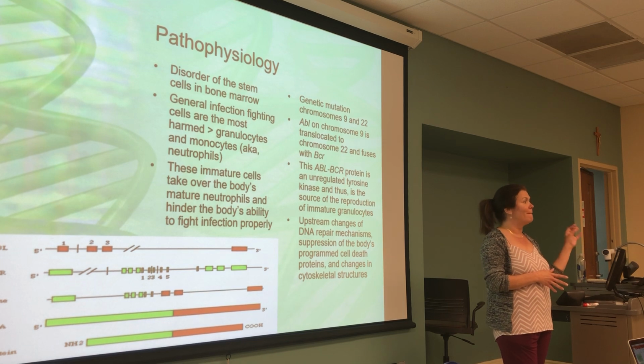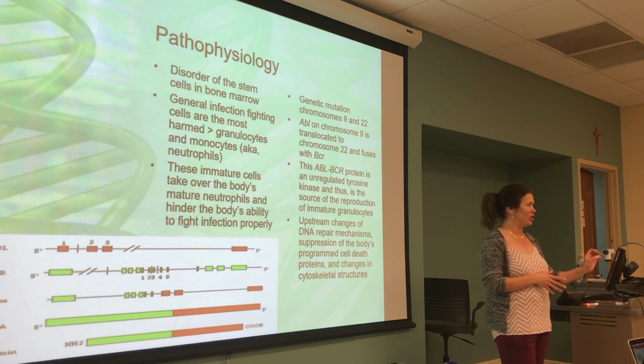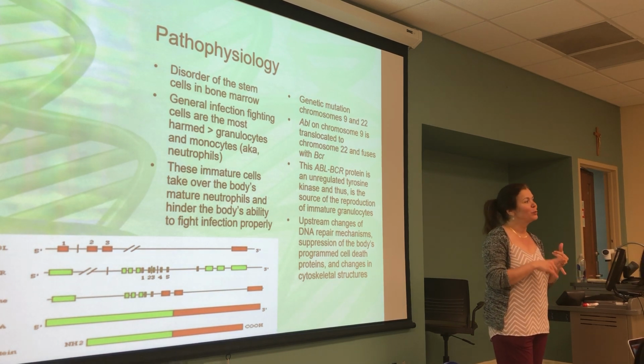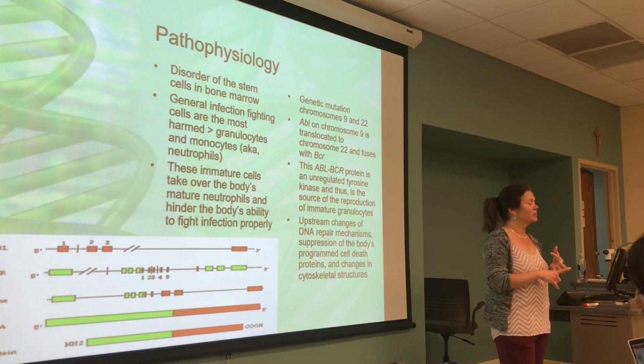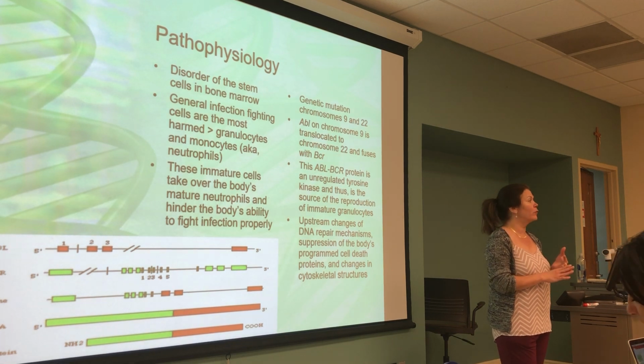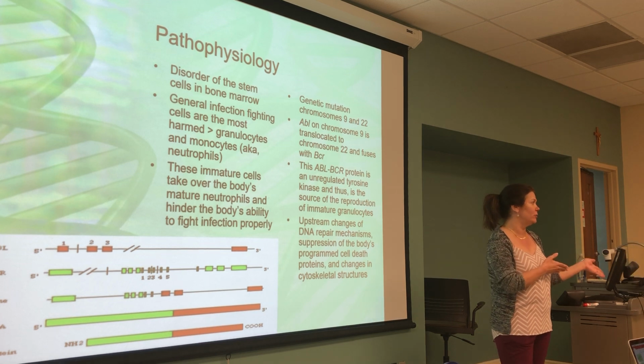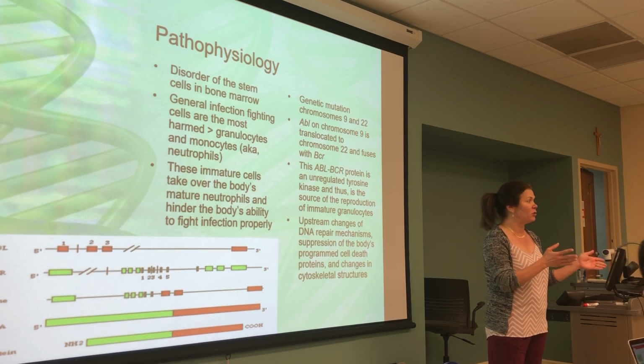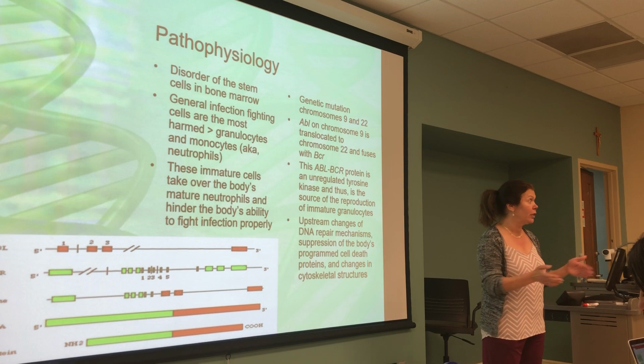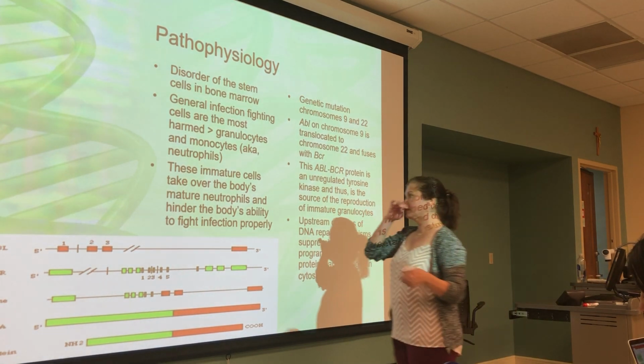Same as AML, the myelogenous lineage. Anemias, thrombocytopenias, and infections. But of course, the presentation is later compared to acute. The prognosis and the severity are lower compared to acute.